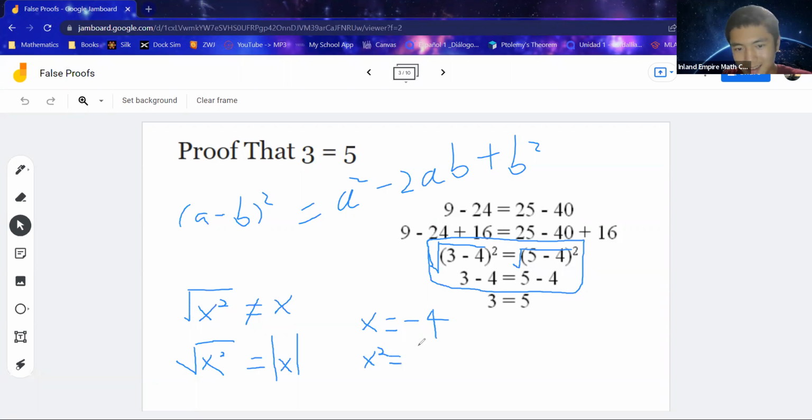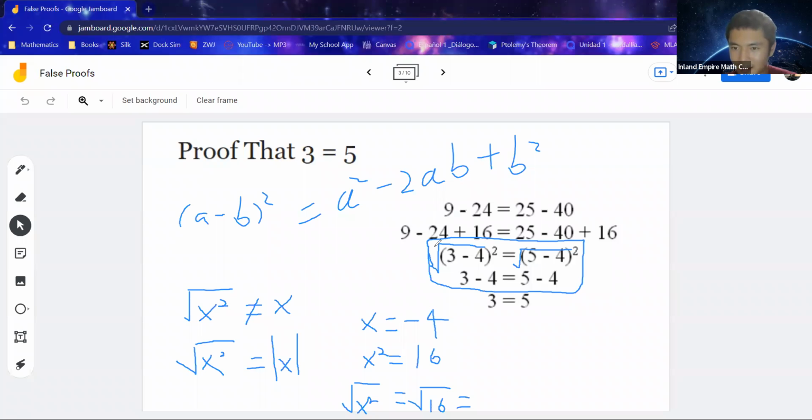Everyone agrees. Then when you take the square root of x squared, you're really taking the square root of 16. And remember how we define the square root as a function. So someone tell me what this number has to be. Lloyd, you want to give it a try? What is the square root of 16?